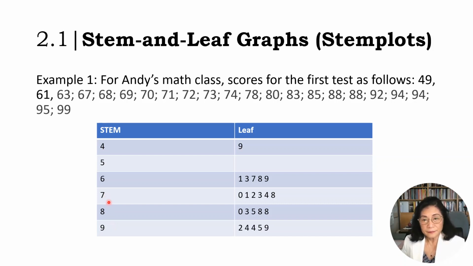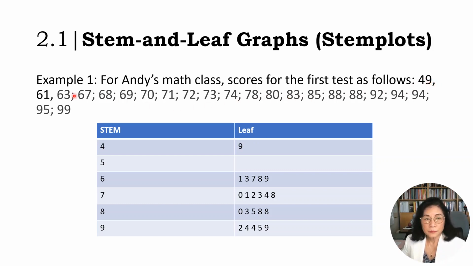And then we are going to put the leaf following each stem here. The leaves are those digits on the right side, the single units. For example, for 49, we only have 9 put here, and that's the only score of 49.